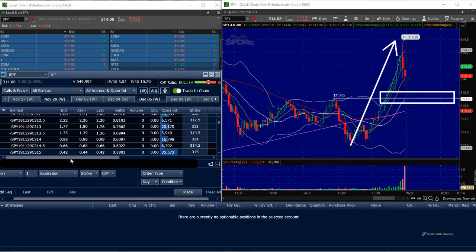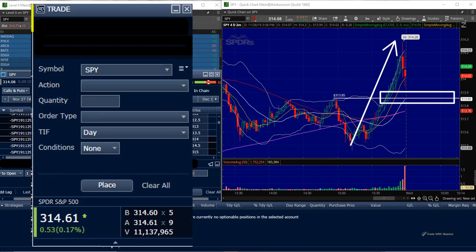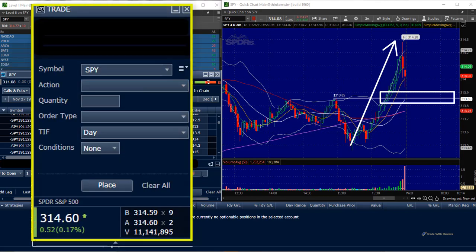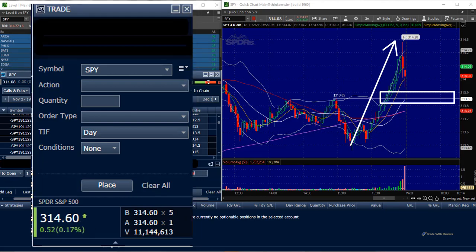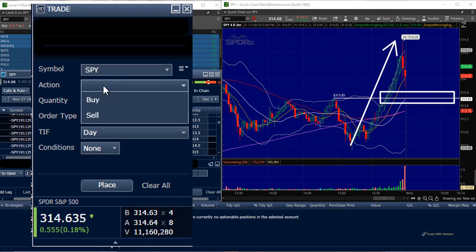This here is the option chain window, but let's say you're interested in buying shares of SPY. Let me bring over the order ticket window for SPY. Depending on your broker, your order ticket window will look a little different, but it's still the same concept. You enter in the ticker symbol, and then you can select buy.